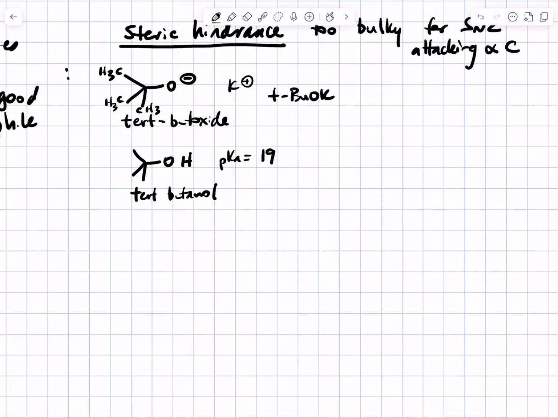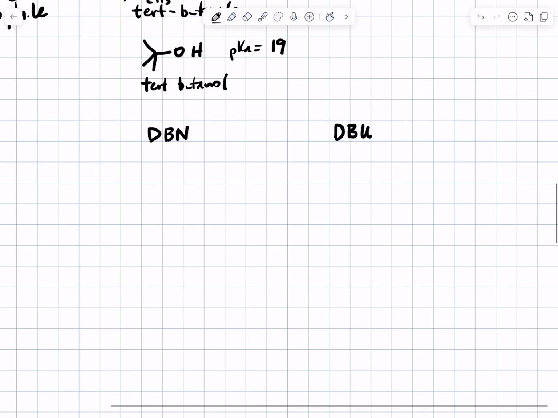There are two others that have abbreviations because their names are too heinous to pronounce. One is called DBN and the other is called DBU. They share this interesting six-membered ring structure with two nitrogens.